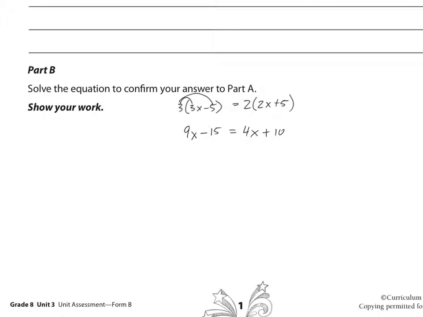Okay, the first thing that you need to do is subtract the coefficient from the right side. So I'm going to subtract 4x from both sides. This cancels, and now you're left with 5x minus 15 is equal to 10.